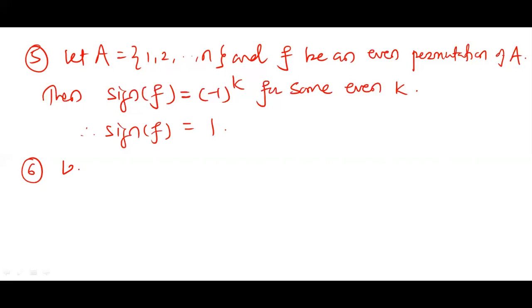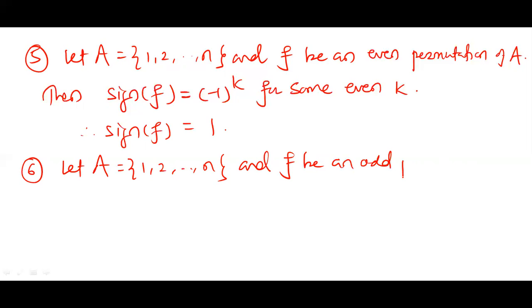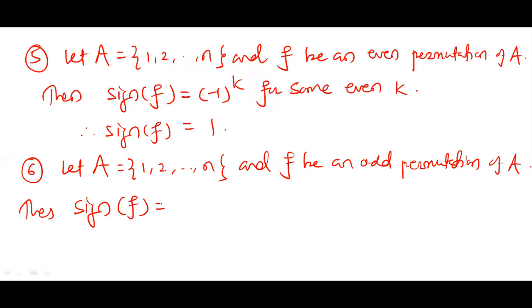Similarly, let f be an odd permutation of A, then the signature of f is equal to (-1)^k for some odd positive integer k.